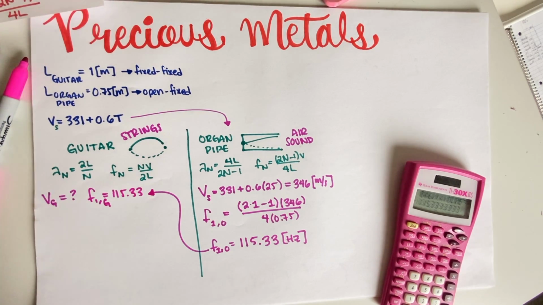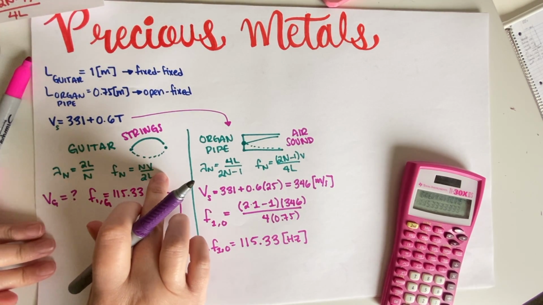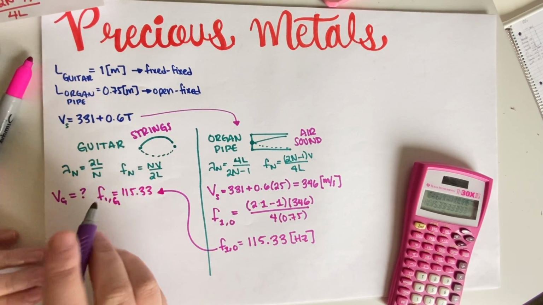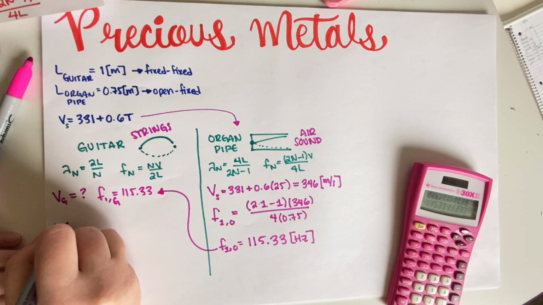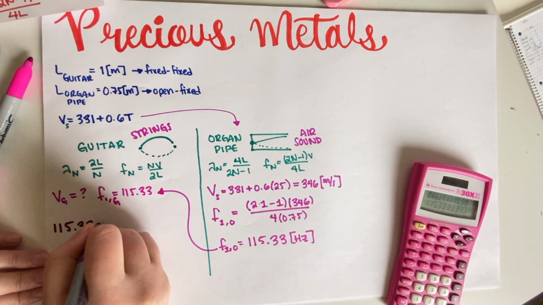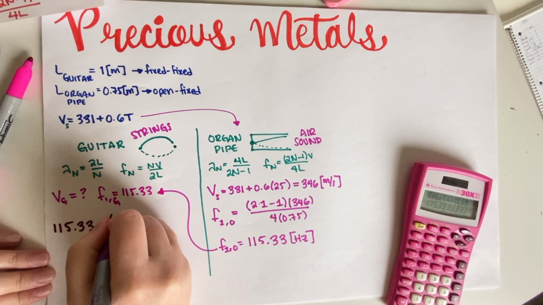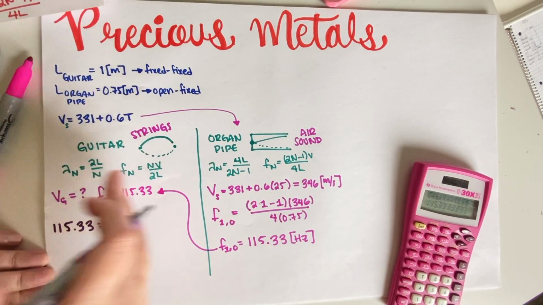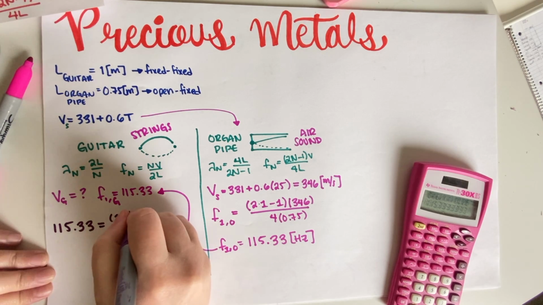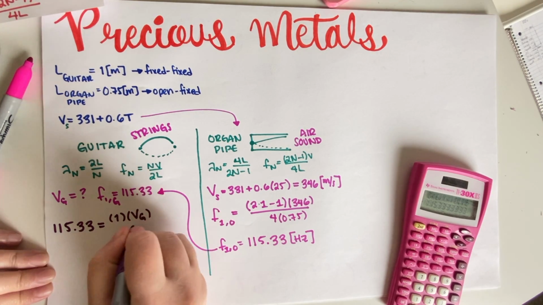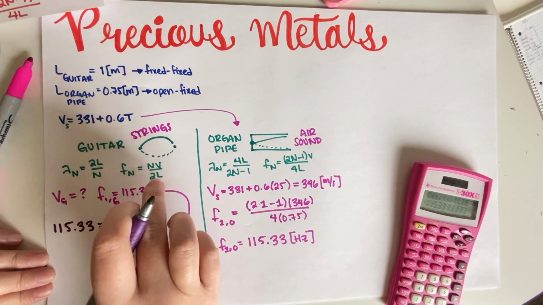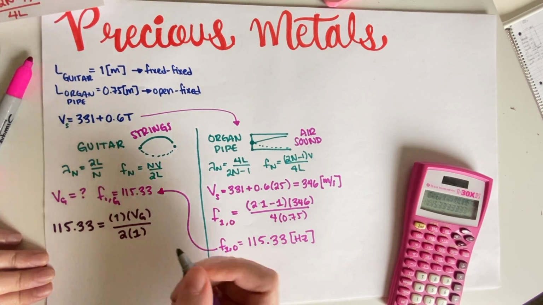But now I need to use this equation because now I'm going back to the guitar. So F1 guitar, 115.33, needs to equal 1 times V. Notice that I'm on the guitar side, so this would be V of the guitar string divided by 2 times L. And again, I'm using the guitar, so this should be 1.